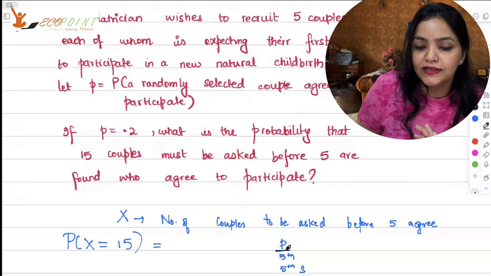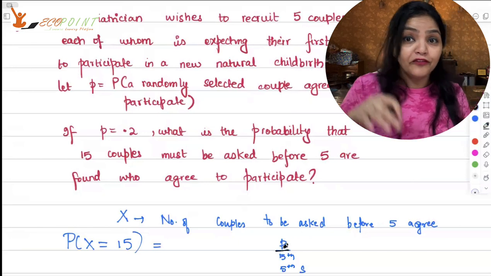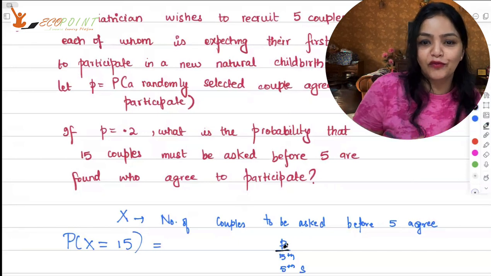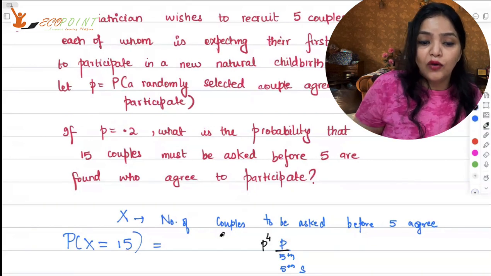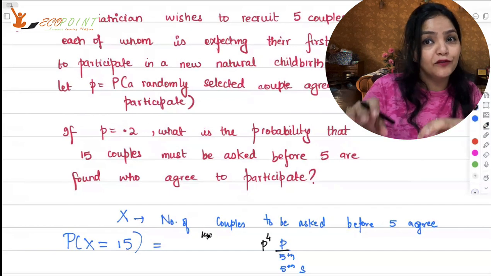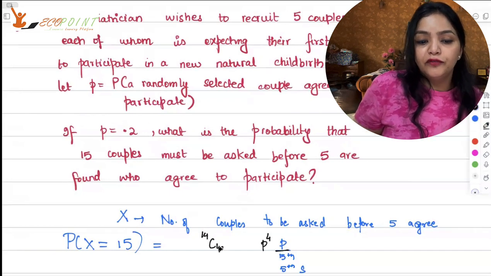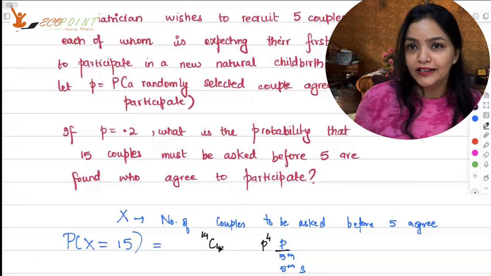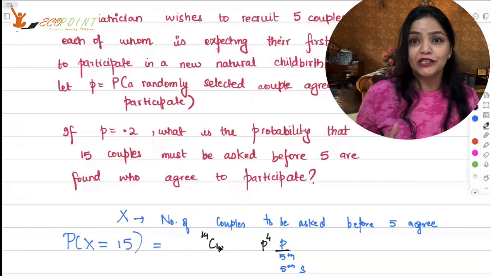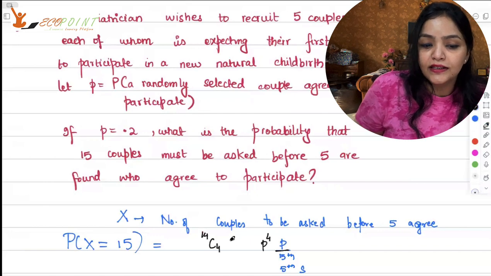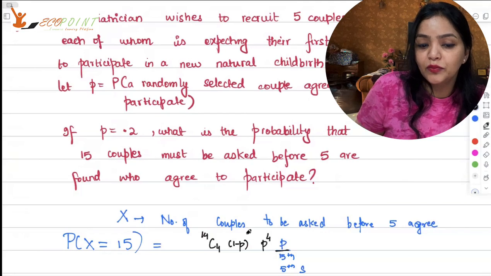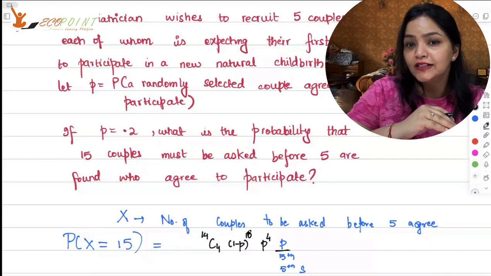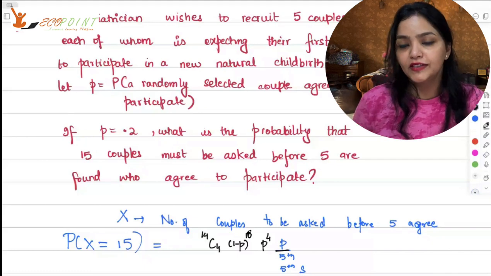Now, if it's the 5th success, I must have had 4 successes before this. So out of the 14 couples prior to this 15th couple, any 4 couples would have agreed. So I can have 14C4 combinations. And the others have not agreed, so it comes with probability 1 minus P to the power 10, because there must have been 10 failures and 5 successes.